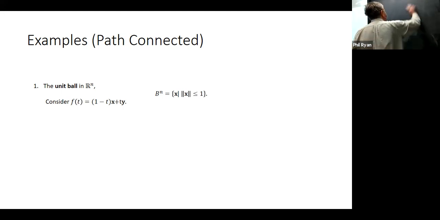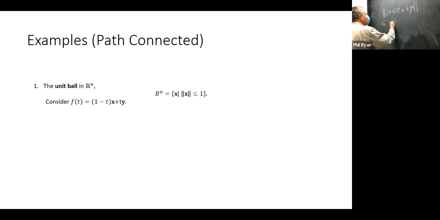And let's just check that. So what is the norm then of (1 minus t)x plus ty? What's the standard trick now that we do? Triangle inequality, exactly right.